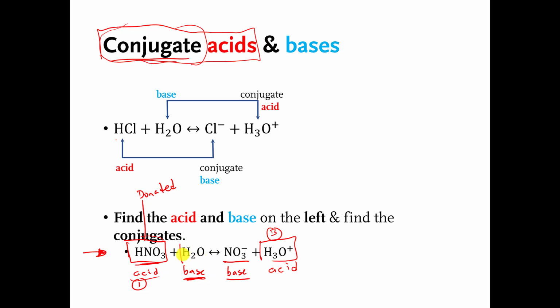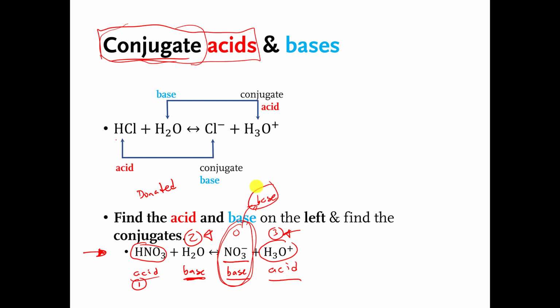If you want to talk about the reverse reaction, we can do that as well. If we run the reaction backwards, this stuff starts with 3 hydrogens, ends up with 2. So this stuff must have donated, which means it's an acid. This stuff starts with 0 hydrogens, ends up with 1 hydrogen. So this stuff must have received, and so it must be the base.